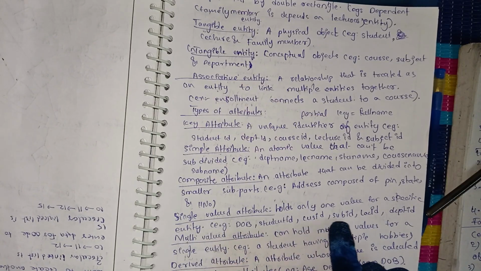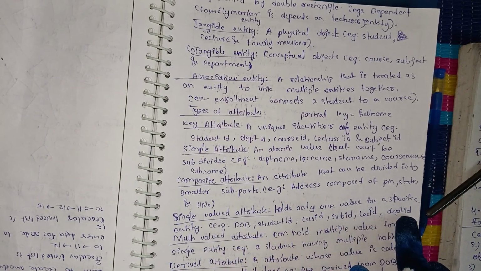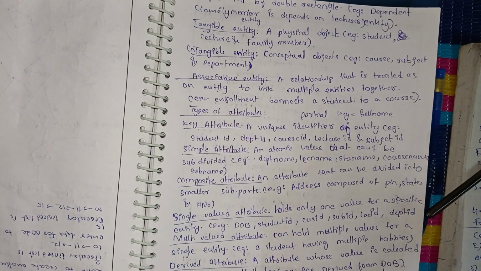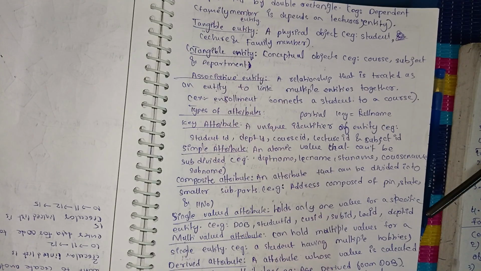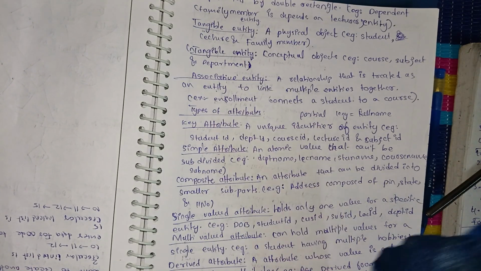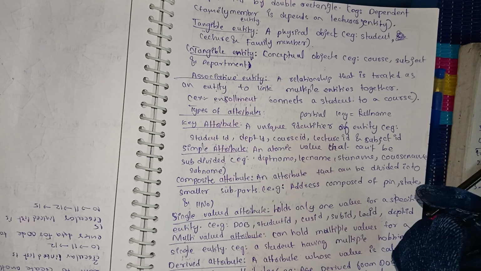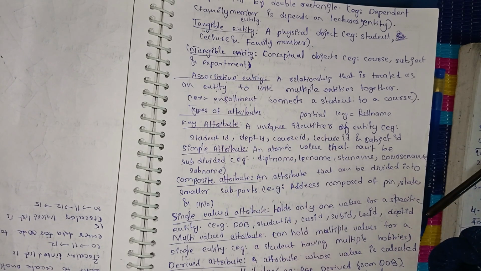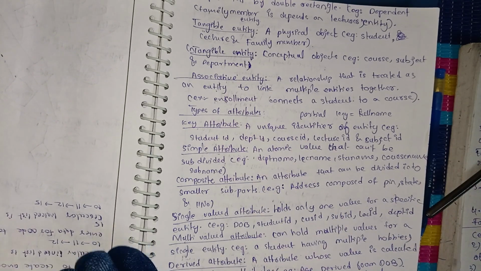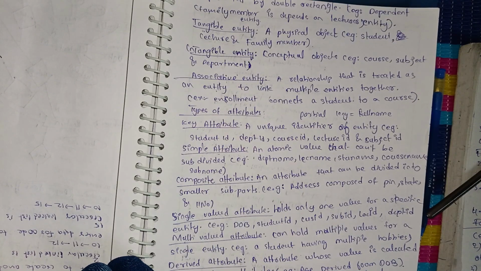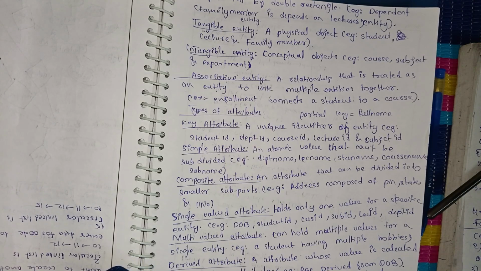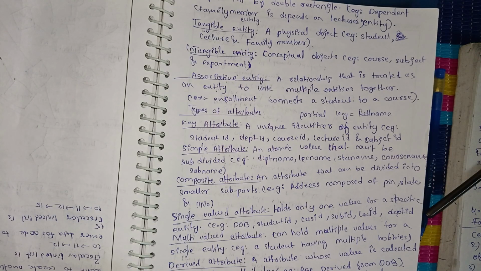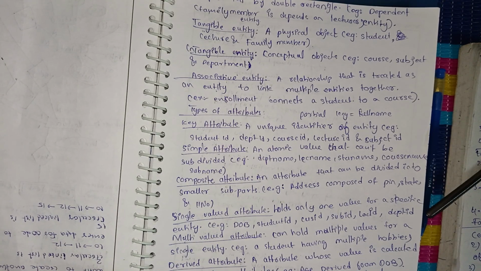And then single valued attributes hold only one value for a specific entity. For example, date of birth, student ID, course ID, subject ID, lecturer ID, and department ID. Each student has only a single student ID, and each course has a single number. Subject ID, lecturer ID, and department ID are also unique and single for each subject, each lecturer, and each department.